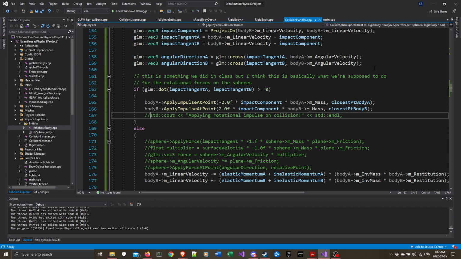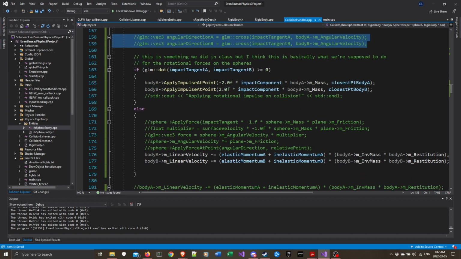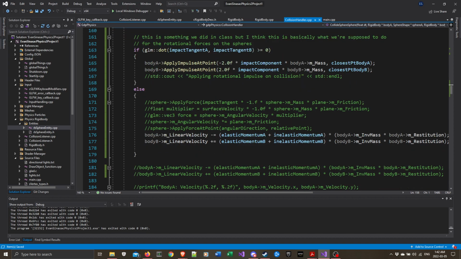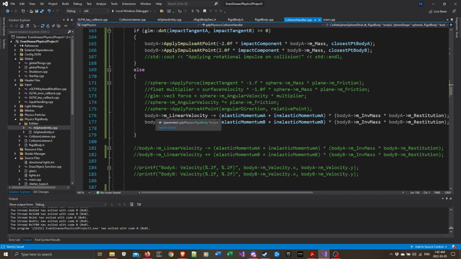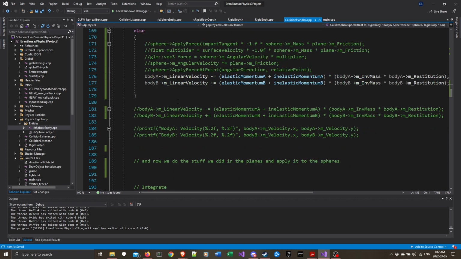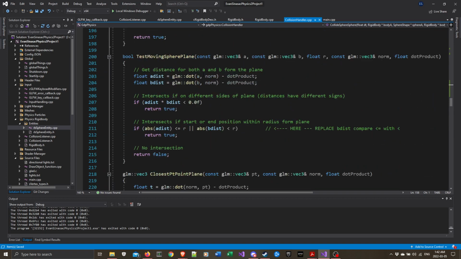I don't even use the angular direction. So just apply the impulse at point on body A, apply the impulse on body B, and this is more of just a safety. This is how we handled the momentum on the linear velocity before, and then just integrate.